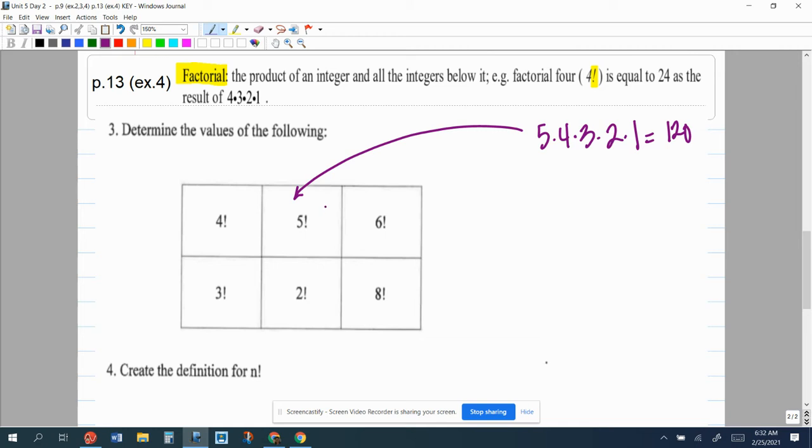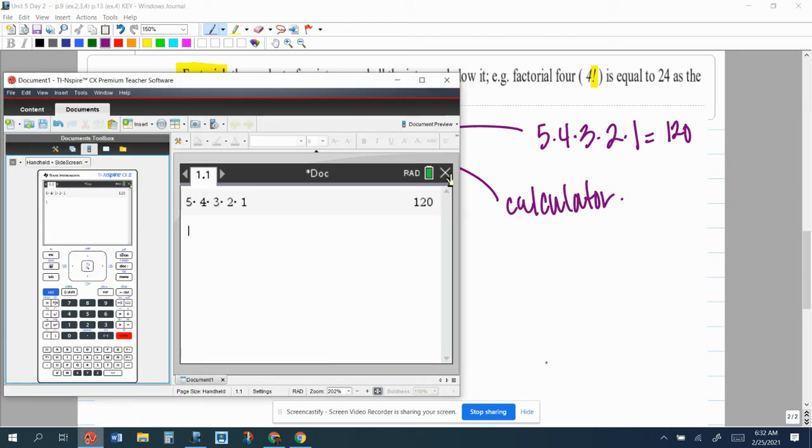Or we could look at this by way of calculator. If you go and take a look at your calculator, I have one here, then you'll notice I could just write in the number 5. And if I go to this, there's a little key down here on the bottom right hand corner of your keypad.